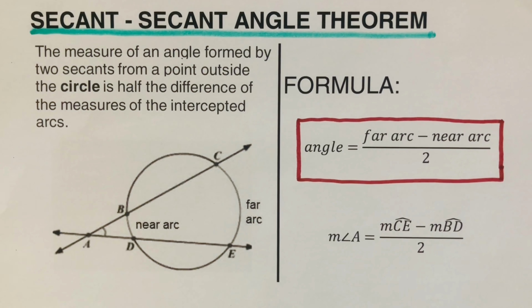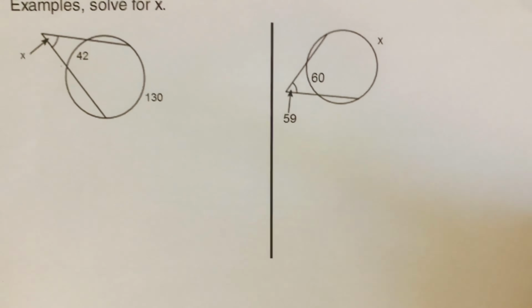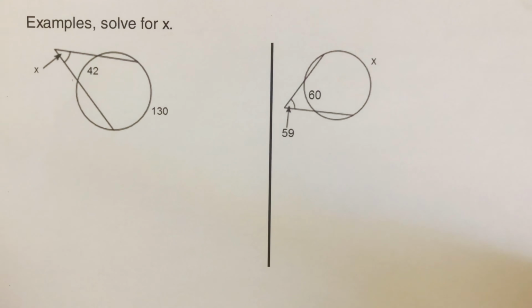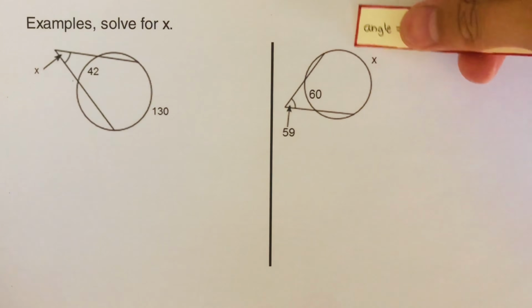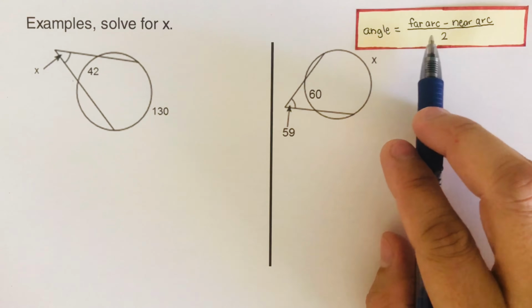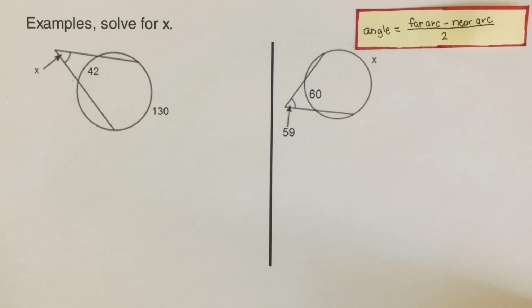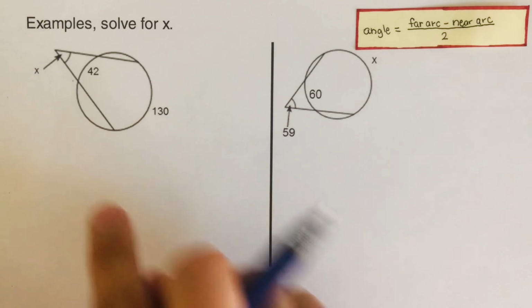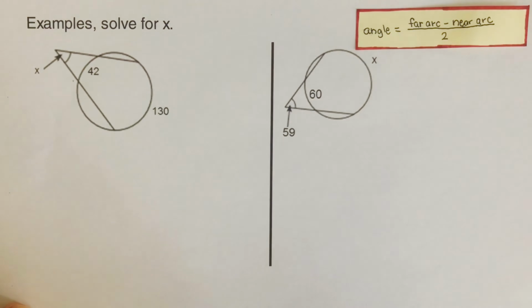Now let's have an example to better see how this formula works. So let's take this first example here. We are supposed to solve for x, and I will put the formula that we got from the first slide, that is angle equals far arc minus near arc divided by 2. In this first problem, we want x, which is the angle.